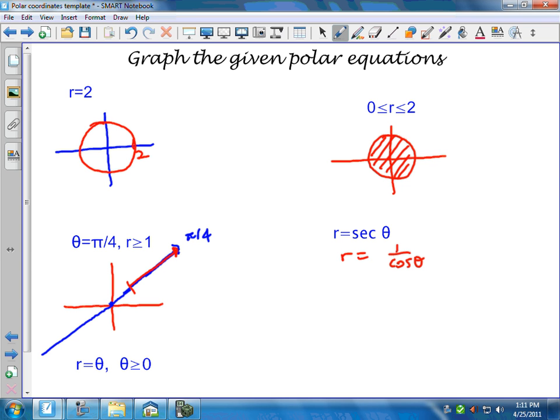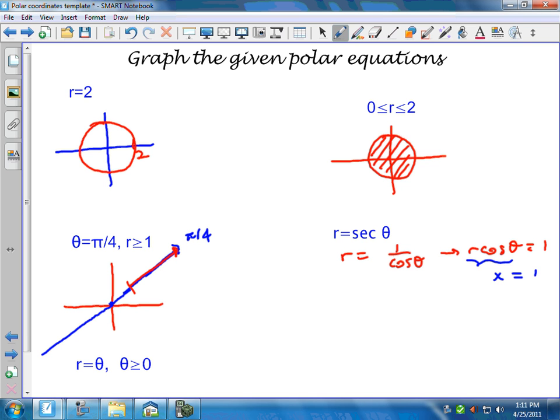What would you suggest? In r equals 1 over cosine theta, any thoughts what we could do to this one? Good. Rewrite it. r cosine theta equals 1. And what do we know about r cosine theta? This is one of the formulas we looked at today on the first page. r cosine theta is the same thing as x. So this is like we're saying x equals 1.